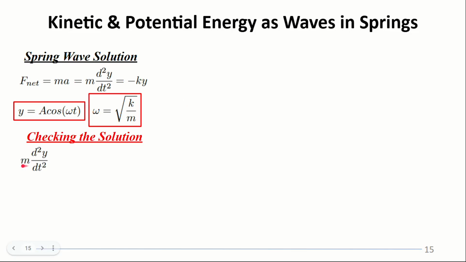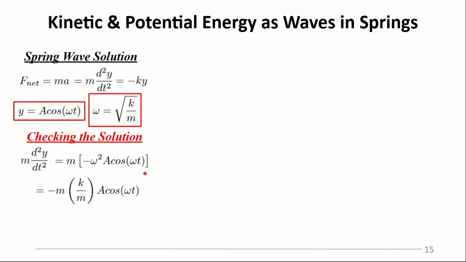So we evaluate m times the second derivative of y with respect to time. We get mass times the second derivative of y, which we know is going to be negative omega squared times a times the cosine of omega t. And then if you use omega, which is equal to the square root of k over m, we know omega squared is going to, of course, become k over m here.